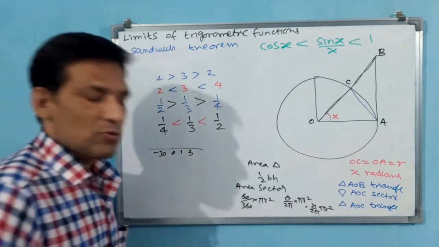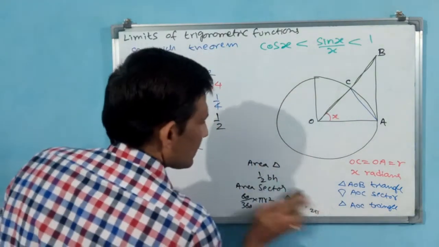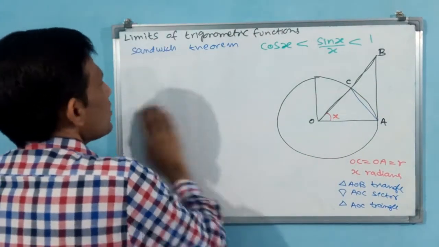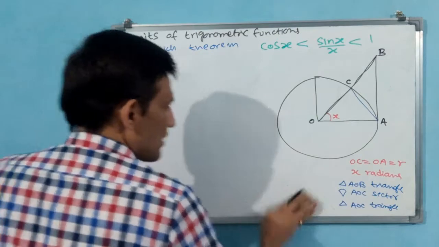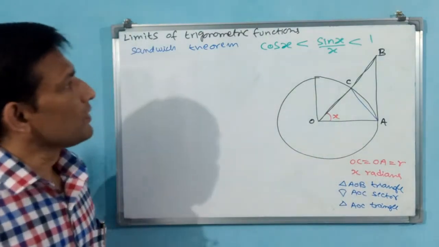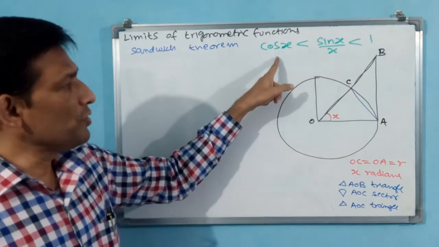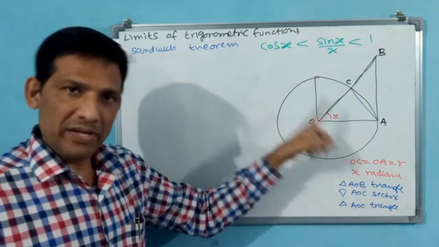Okay, now let us go to the sandwich theorem. Do you all understand the concepts now? Now what we are doing, this we have to prove. We have not yet proven this. For proving this, we have drawn this figure.